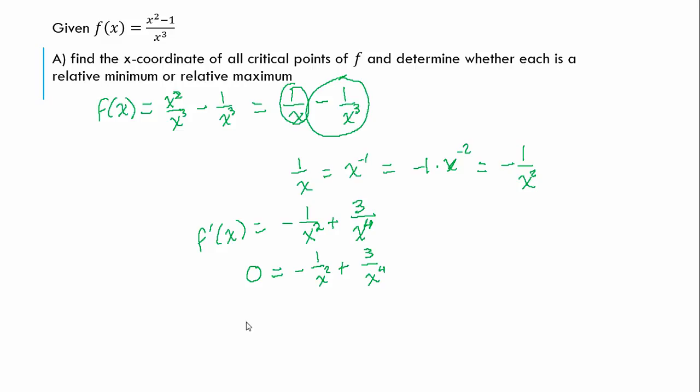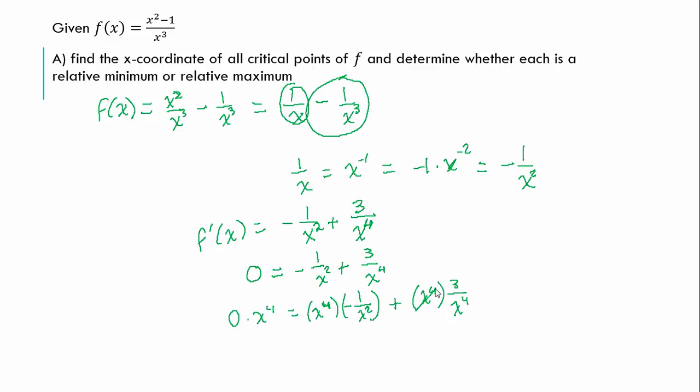So 0 times x to the 4th, then I've got x to the 4th times negative 1 over x squared plus x to the 4th times 3 over x to the 4th.